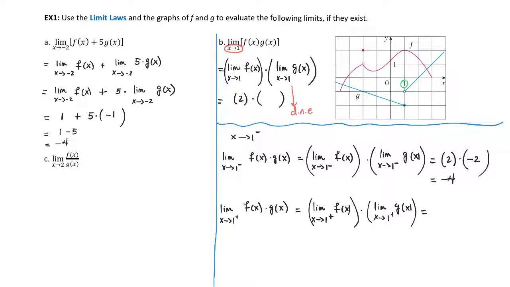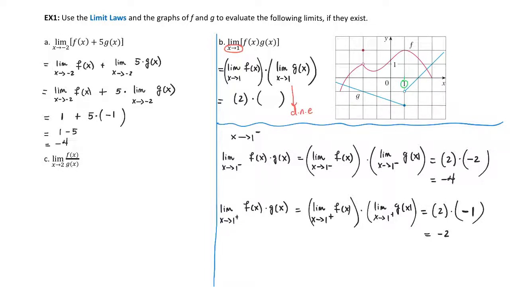And if I analyze the limits again, as x approaches 1 from the right, look at the pink graph, that's f of x. It is approaching 2. So I am going to write 2 right here. And then for the g of x function, as x approaches 1 from the right, the y values are now approaching -1. But again, those two limits exist. So I can use the properties that we just developed. And that is going to give me an answer of -2.